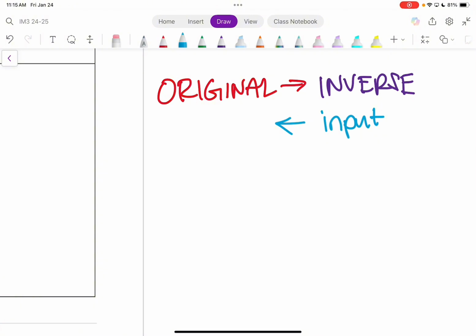Is it also an input of the original? What does it become? Think about the fact that inverses are the opposite. So I'll ask the question again. I have an input of an inverse. What is an input of an inverse in relation to an original? It is an output. So an input of an inverse is an output of the original.